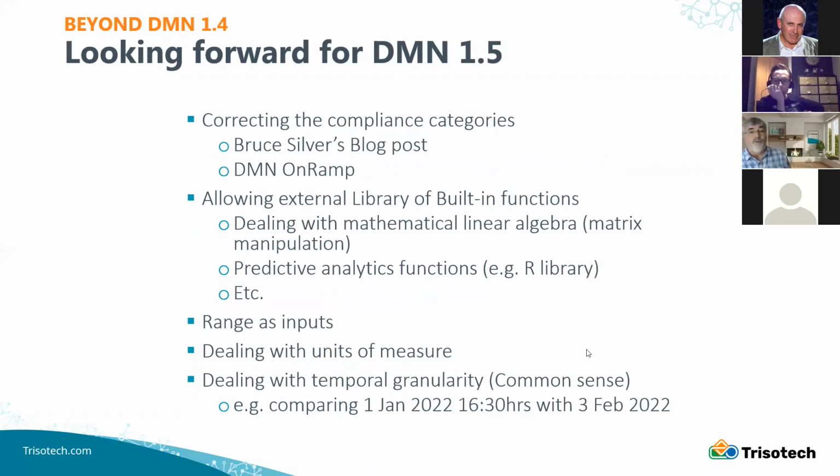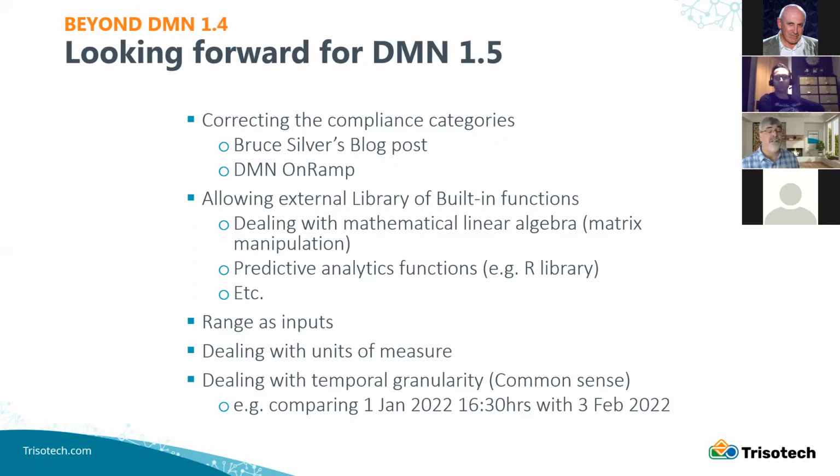So, looking forward to DMN 1.5, again, personal input. One thing that I can see of interest in this version is correcting or improving the compliance categories of DMN. Right now, it's been pretty much thrown in there loosely. It's even referencing a full chapter that's been deprecated on S-FEEL.